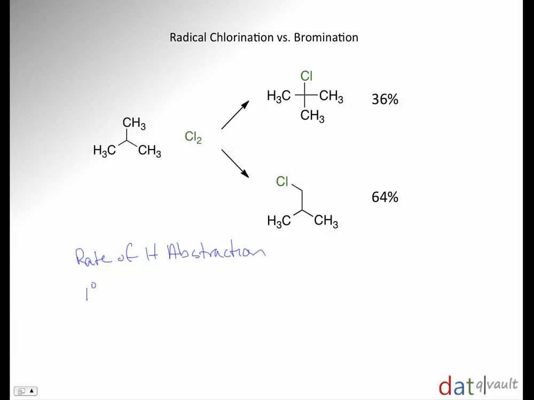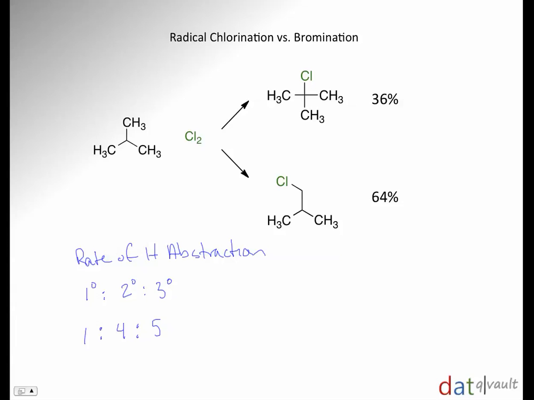So if we have a primary carbon, a secondary carbon, and a tertiary carbon, the rate of abstraction is a ratio of 1 to 4 to 5. This, for chlorination, is commonly called just the 1-4-5 rule.